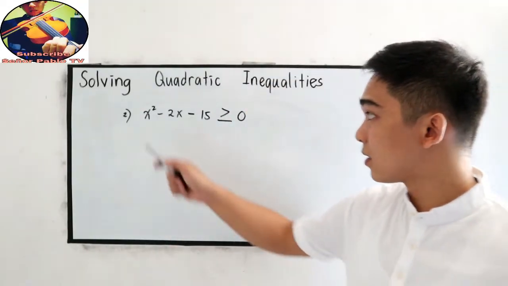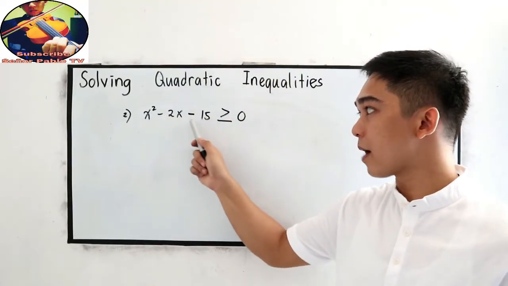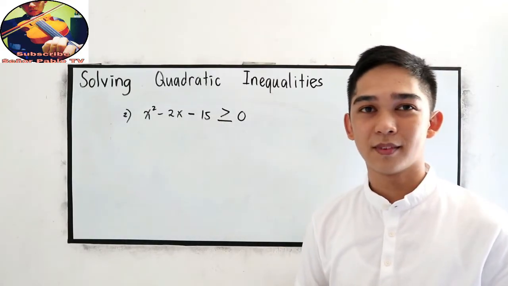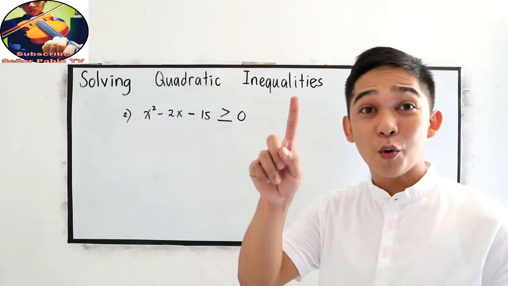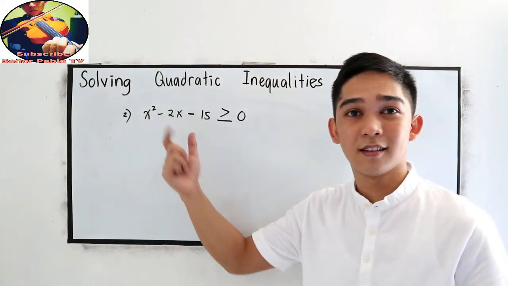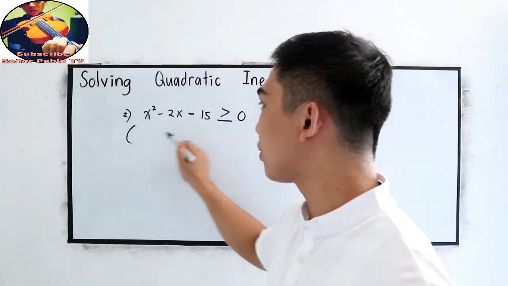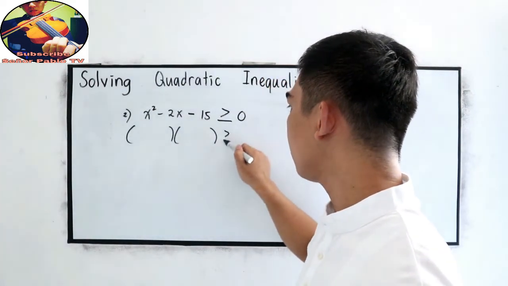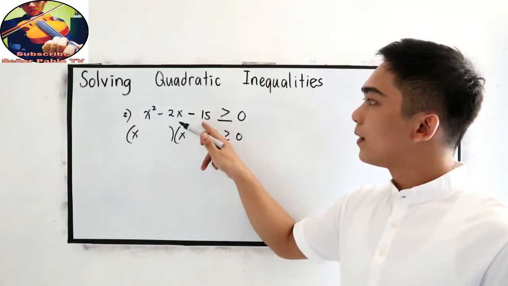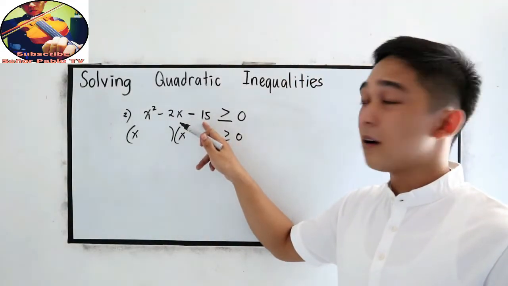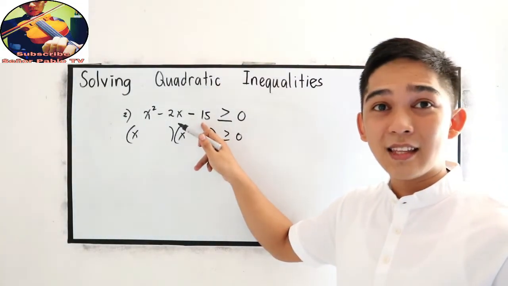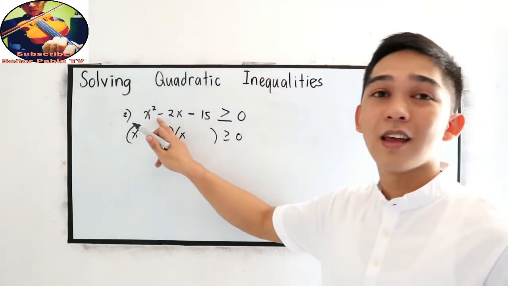Our problem is x squared minus 2x minus 15 is greater than or equal to 0. Our first step, we need to factor our trinomial. So our factors are factors of negative 15, wherein the sum is negative 2.